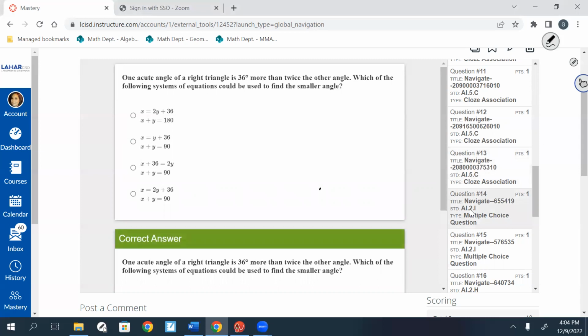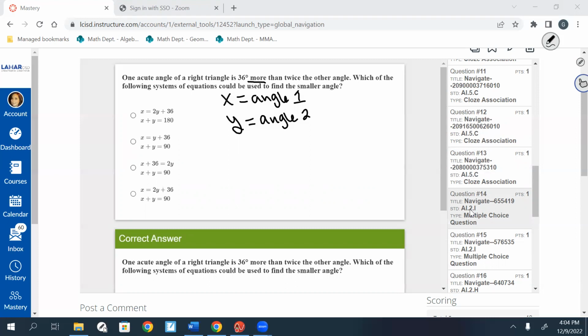Okay, now this one is going to be practicing writing the equations. It says 1 acute angle of a right triangle is 36 degrees more than twice the other angle. So we have angle 1, that will be X, and then angle 2 is going to be angle Y. Okay, so it says 1 angle is 36 more than twice the other angle.